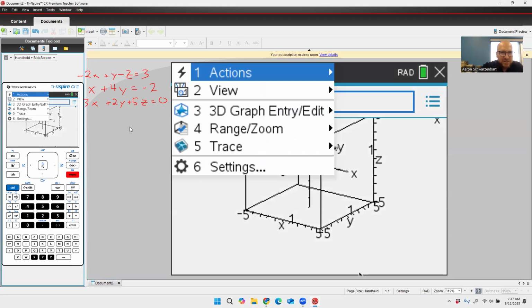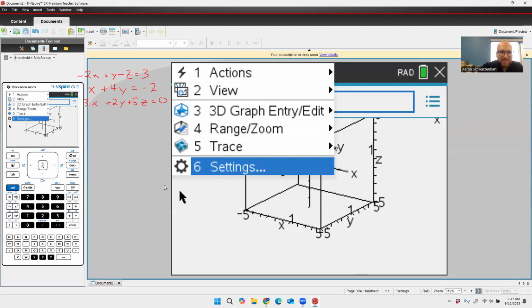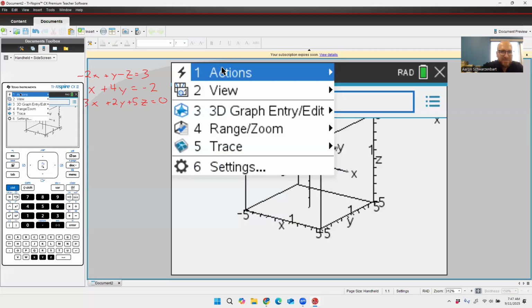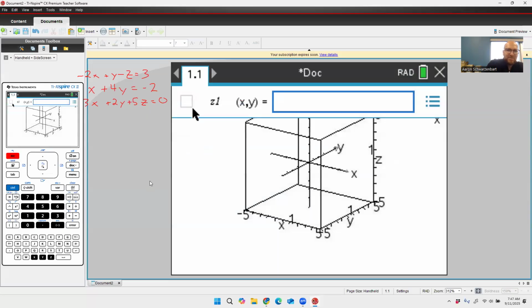This one's going to be a little hard to do because I don't have a Z in one of these. So I would need to solve the first one for Z to graph this. And then I'll just have to do things similar to that. I'm going to choose other ones.